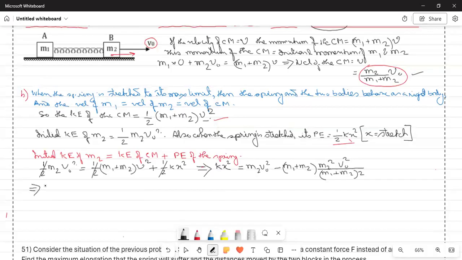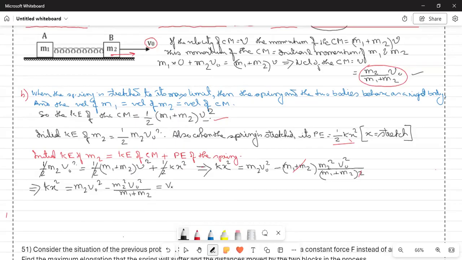Therefore, K x square is equal to M2 V0 square minus, multiplying with M1 plus M2 together, we are remaining with M2 square V0 square divided by M1 plus M2.